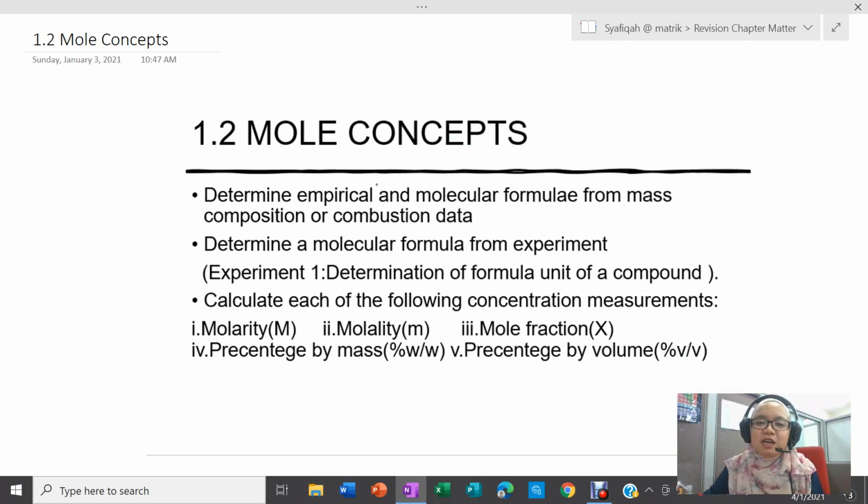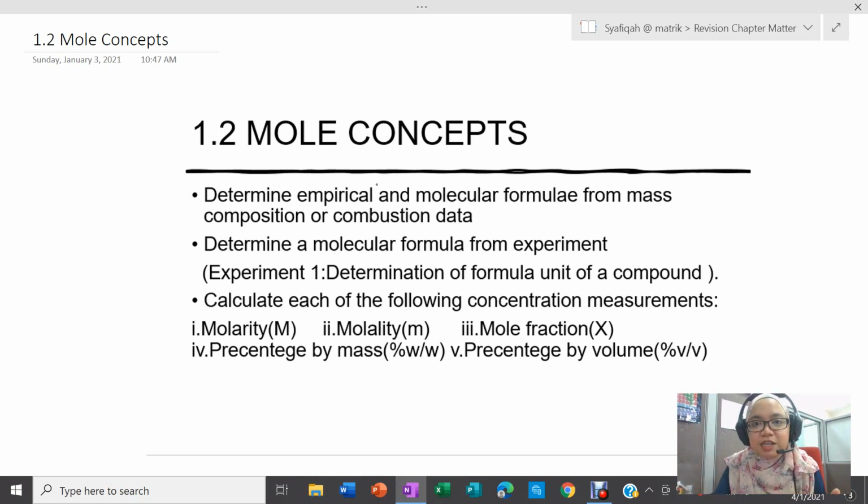Okay. First, there are 3 learning outcomes that we need to really understand. First one, you have to know how to determine the empirical and molecular formula from mass composition and combustion data. Maksudnya, kalau soalan tu bagi contohnya soalan common, dia cakap compound X react with oxygen to form carbon dioxide and water.